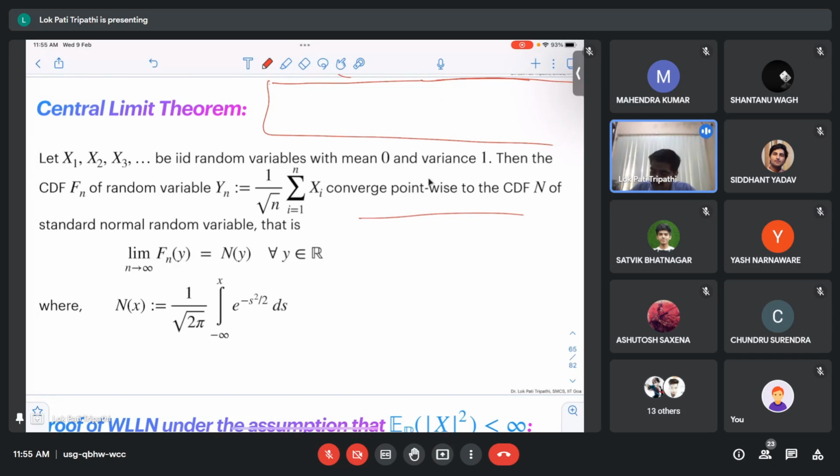Suppose you have any other collection Y1, Y2, and so on, Yn, of independent and identically distributed random variables, with population mean mu and variance sigma square. You can standardize it.